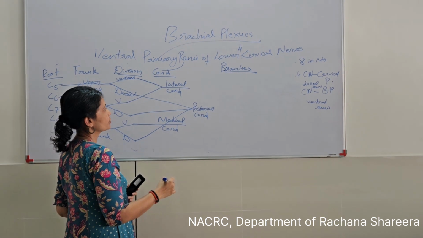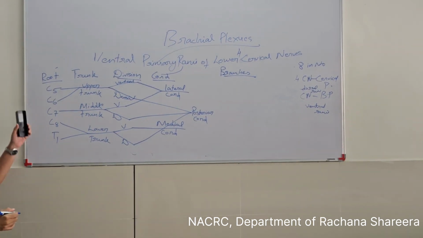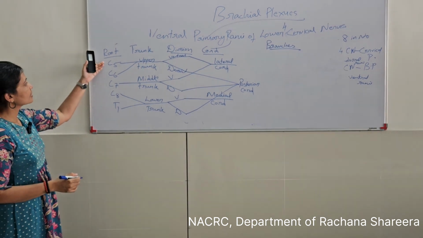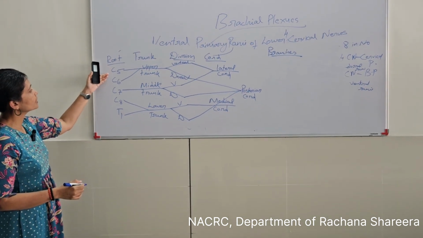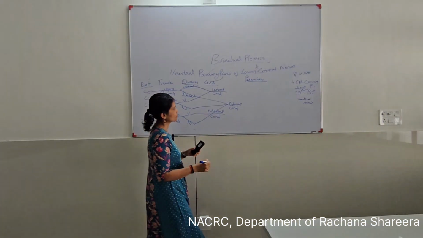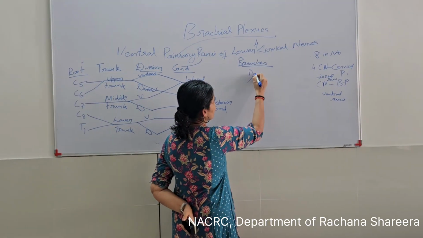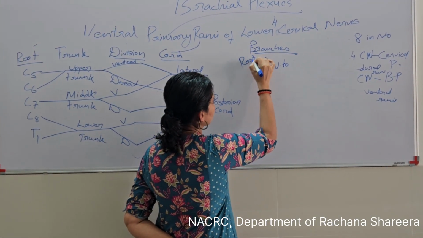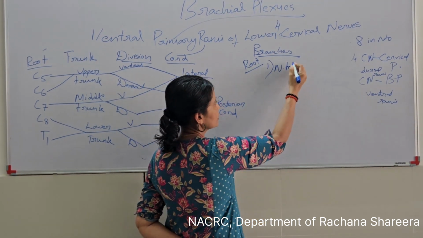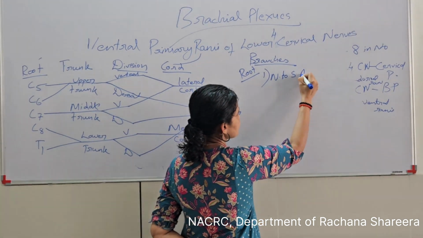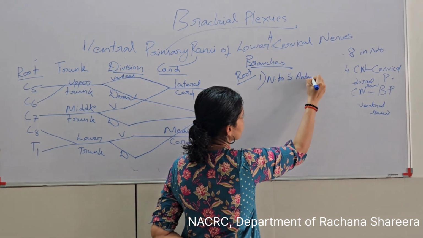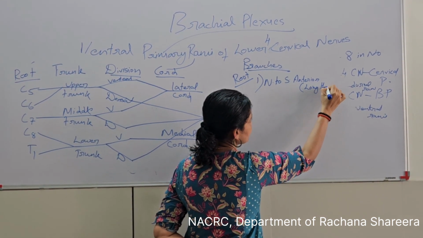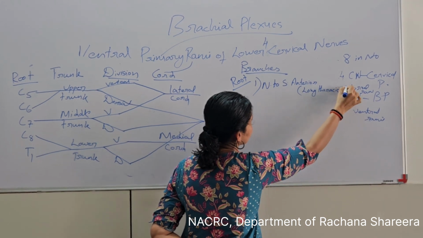Before going to branches, we have to see the branches that arise from the root. From the root, the different branches are: nerve to serratus anterior, that is the long thoracic nerve.